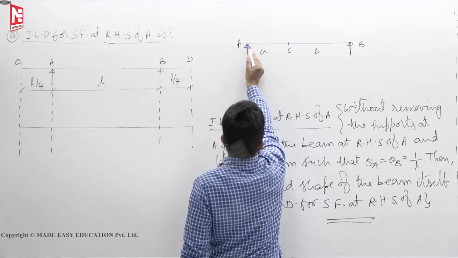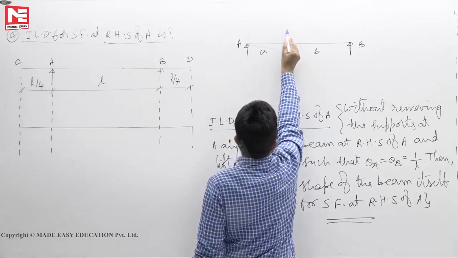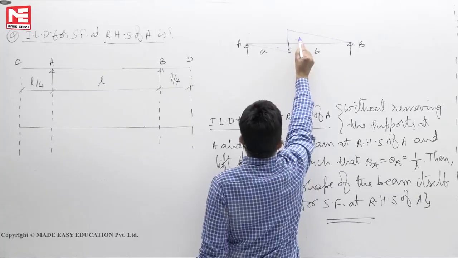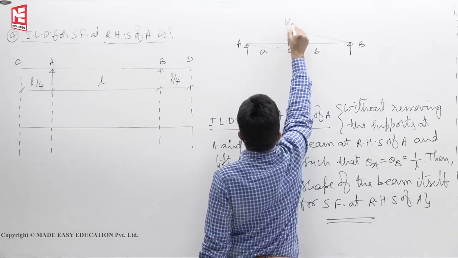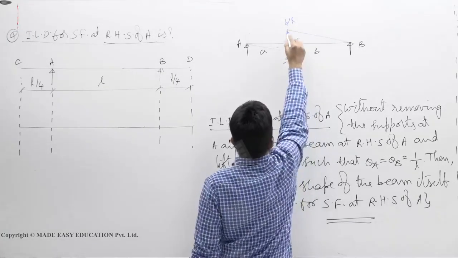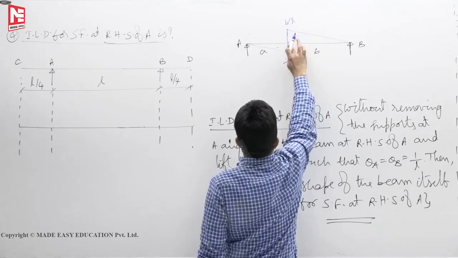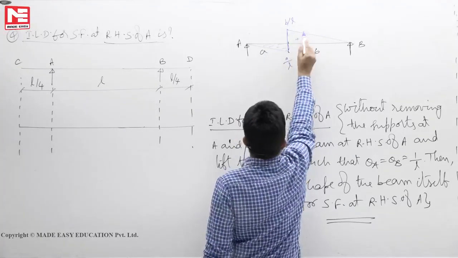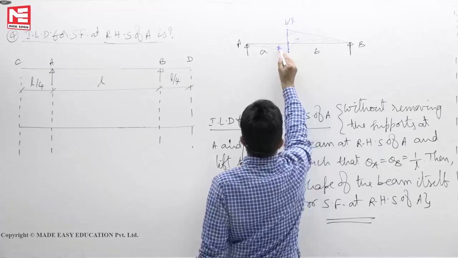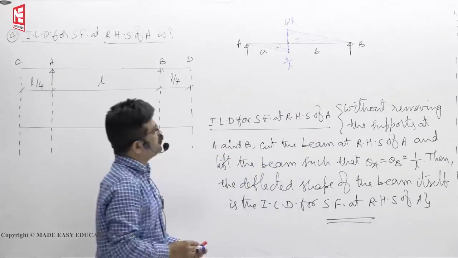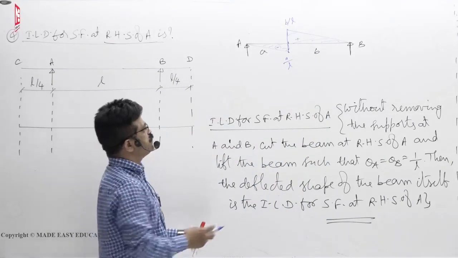After cutting it, this I have to push down, this I lift up, minus and plus. This is B by L, A by L. This is what you have done. Okay. This is our ILD for shear force at C.